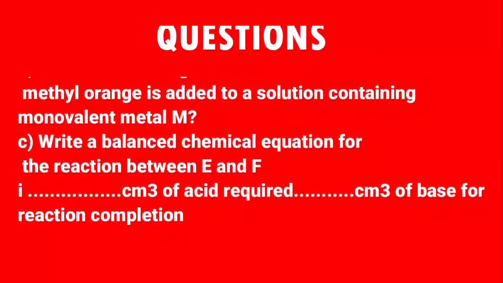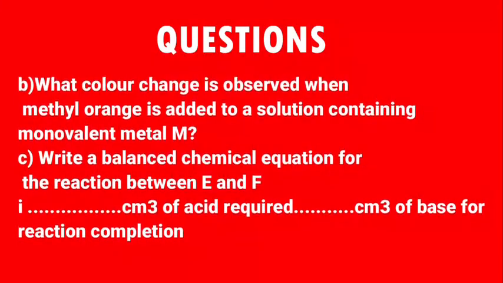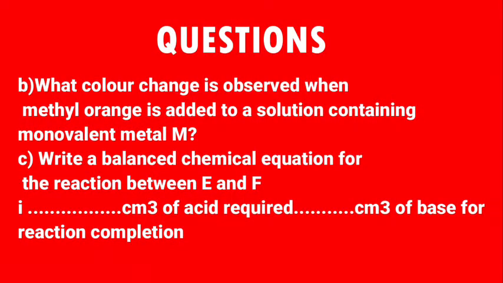Those are the questions we are supposed to solve systematically, step by step, in order to understand our experimental question. Question: what color change is observed when methyl orange is added to a solution containing monovalent metal M?